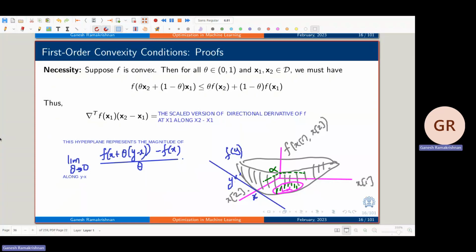I've given all the hints. Can I write it in terms of the convex combination? I want something like f of x1 plus theta times x2 minus x1.